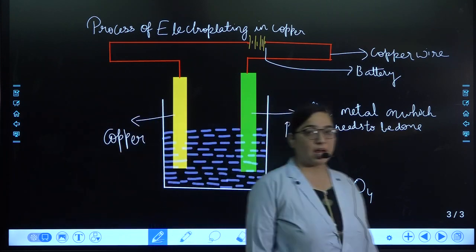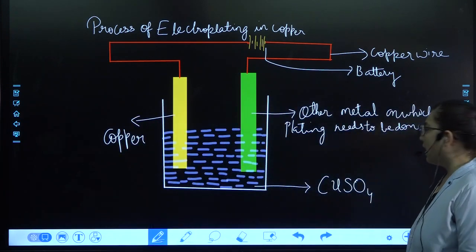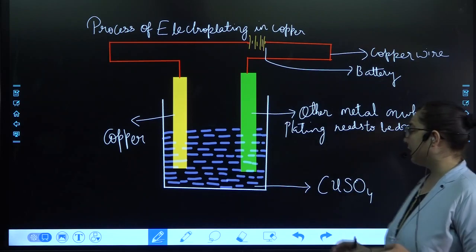Now, let us understand the whole process. How is the process of electroplating carried out?